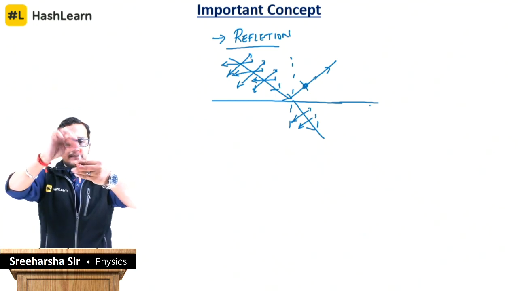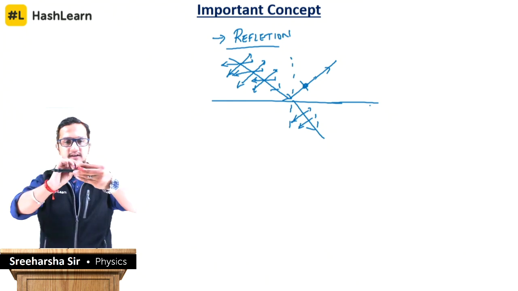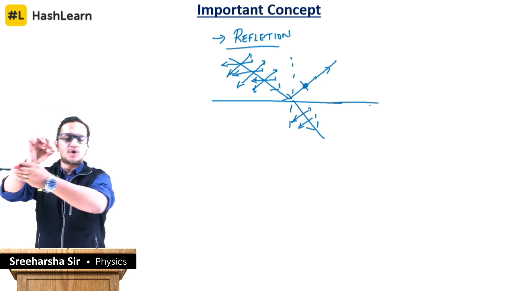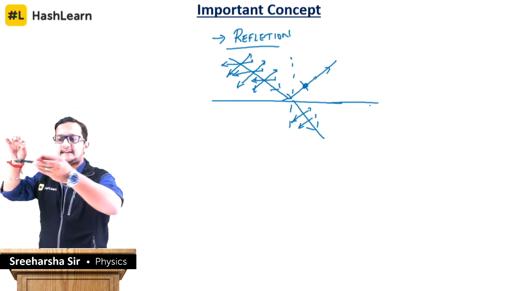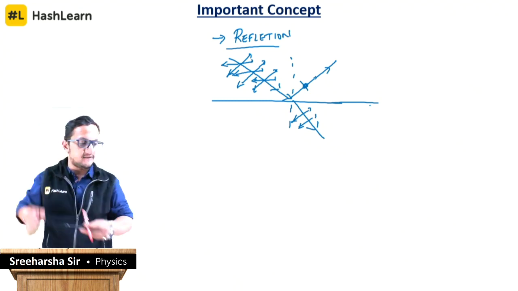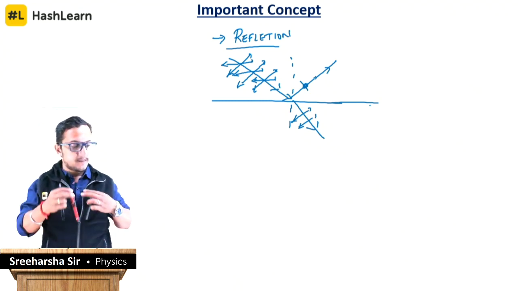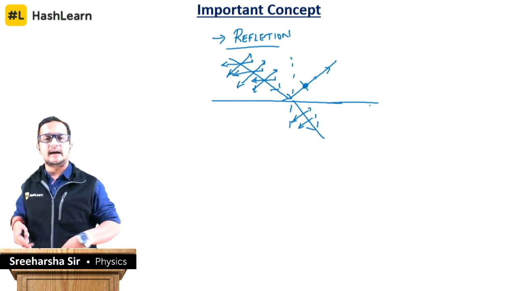It will block these vibrations, but this blocking will not disturb the other ones, so only this component will be allowed to pass through. So now what has happened? The light has been polarized because the air molecules have blocked these electric field vectors. So I hope it is clear to you now, Akshay. That was the reflected light.